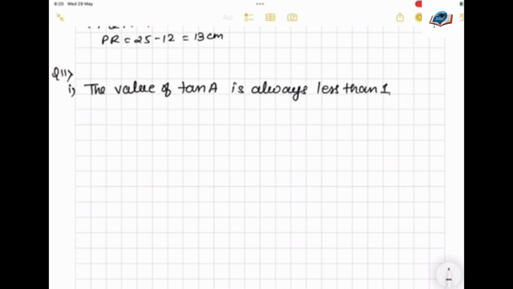Now the 11th sum: the value of tan A is always less than 1. Just say true or false and justify your answer.